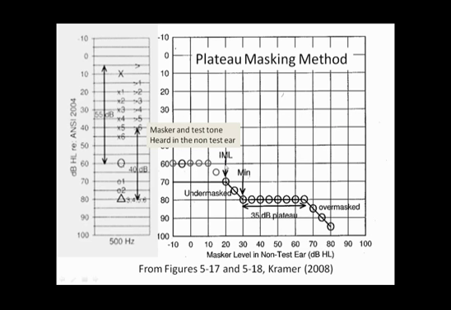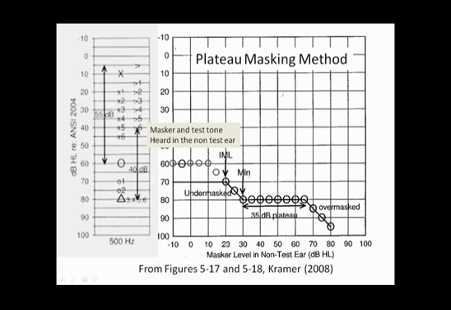But when we add noise only at 20 dB HL in the non-test ear, and then we play a tone of 60 dB HL to the test ear, the patient doesn't hear it. Okay, and then we raise the level of the tone 5 dB to 65 and ask the patient, do you hear that tone? No.